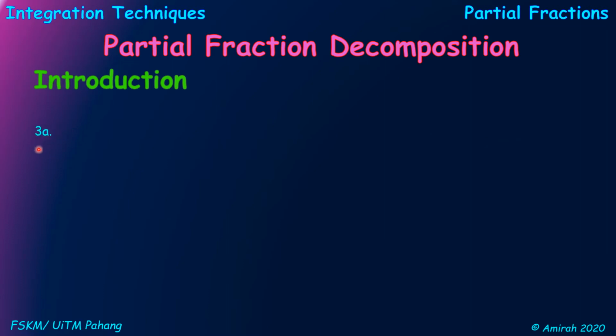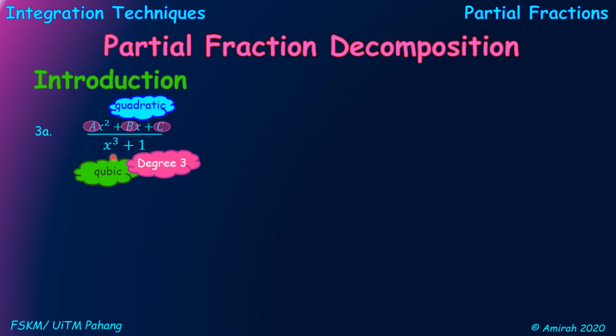Now we look at 3a. We have fraction with denominator x cubed plus 1, which is cubic function. So we can write numerator as quadratic function, which is Ax squared plus Bx plus C. We have 3 constants A, B, and C because denominator has degree 3.